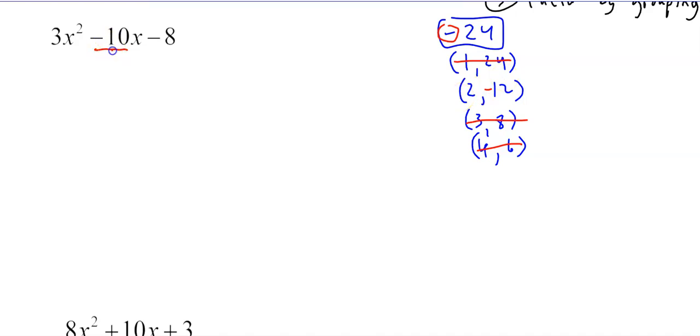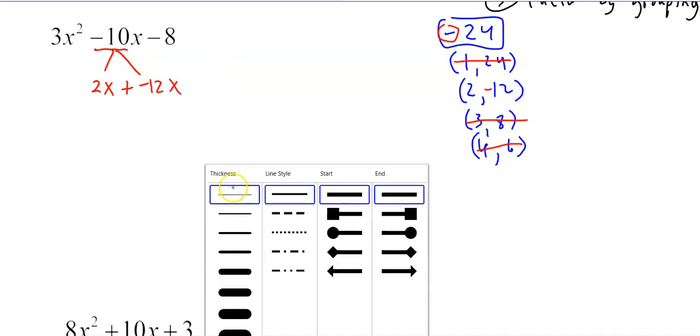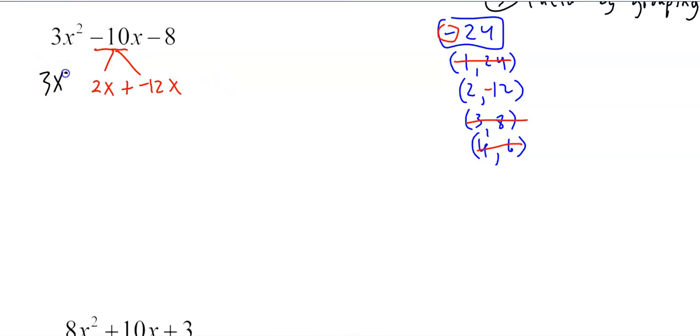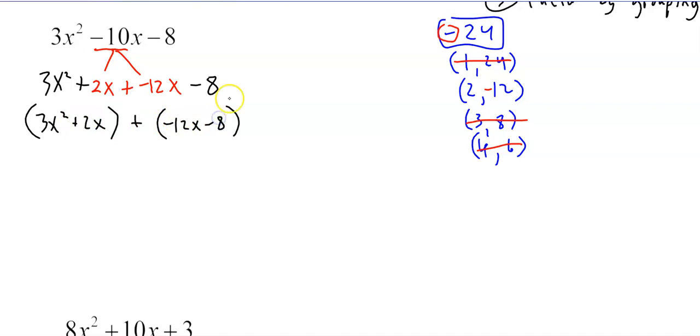So I'm going to take those 2 factors and split up that middle term. So this would be 2x plus negative 12x. And the other 2 numbers, 3x squared and minus 8, are still there. So now I'm going to do factoring by grouping. Take the first 2 terms, 3x squared plus 2x, and negative 12x minus 8.